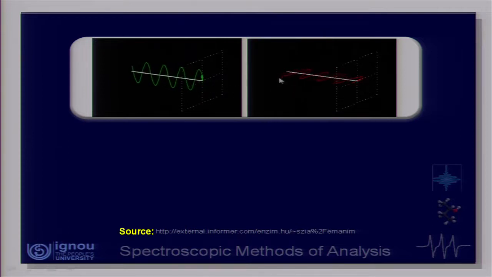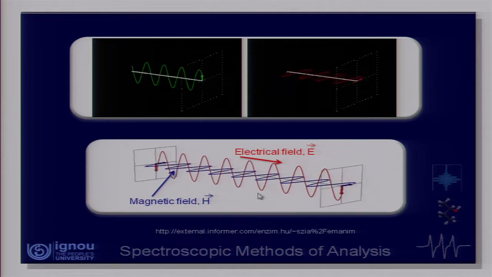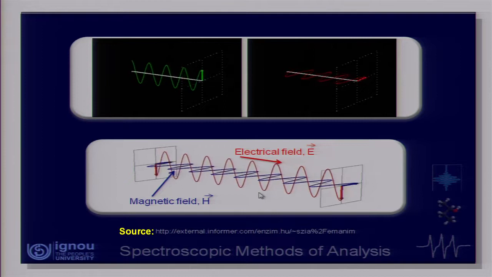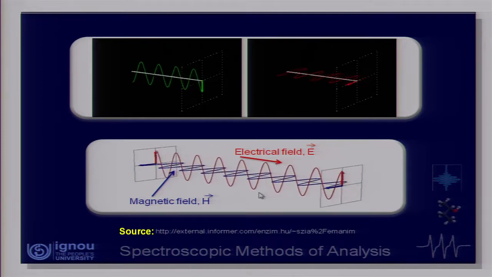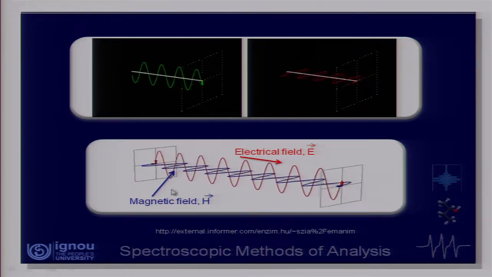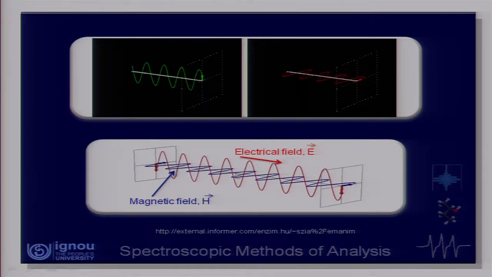And the corresponding magnetic vector has been shown separately over here. You can see that this magnetic component happens to be in a direction perpendicular to that of the electrical vector. Let us put the two together now. This is the way we can visualize the electromagnetic radiation, that is an electrical and magnetic disturbance in space, and the two fields, the electrical field and the magnetic field, are mutually perpendicular, and also they are perpendicular to the direction of propagation.